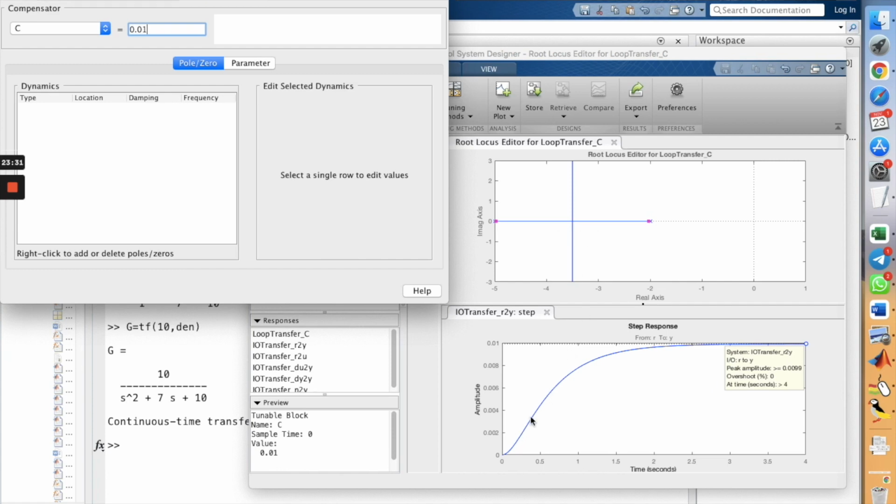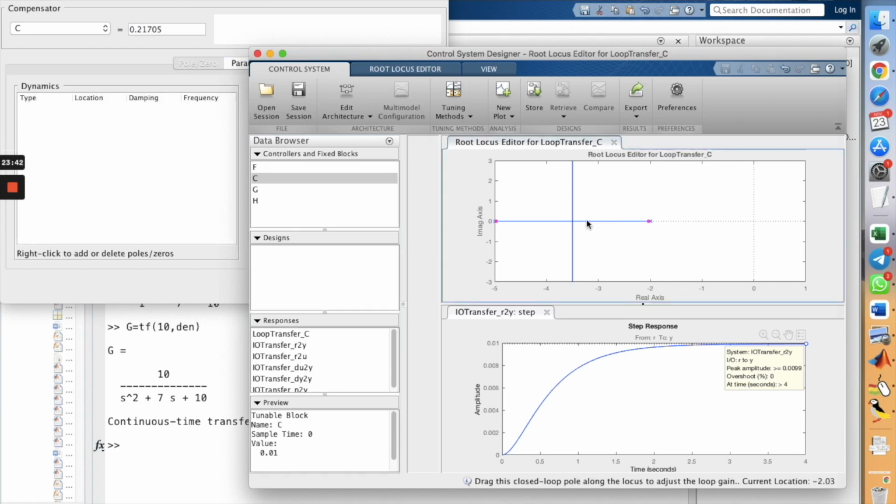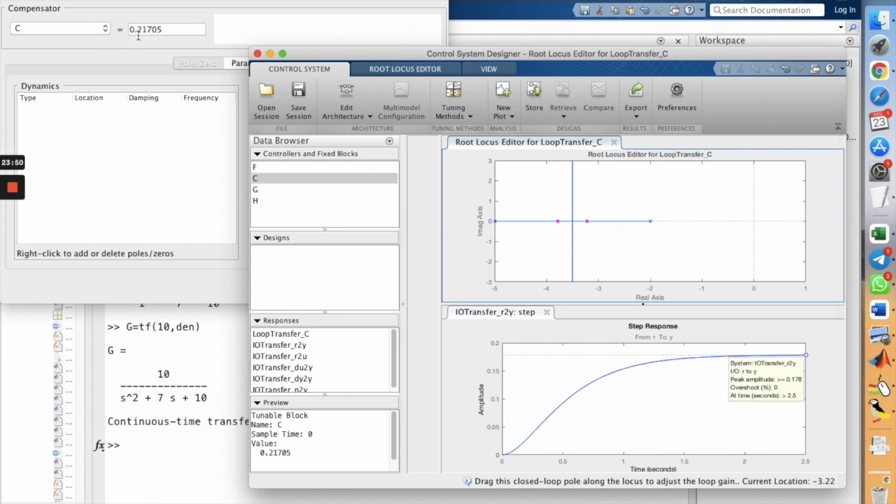So that's why the step response of the system looks like this. It is an overdamped response. When I put it closer to this breakaway point, the value of our k is now changed to 0.2, and we can find the poles located at this exact location. The system is still overdamped because it is still located on the real axis.